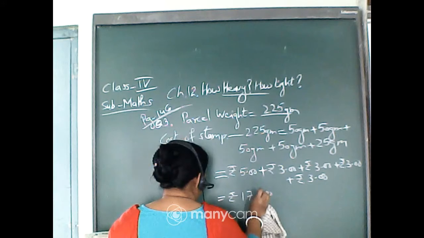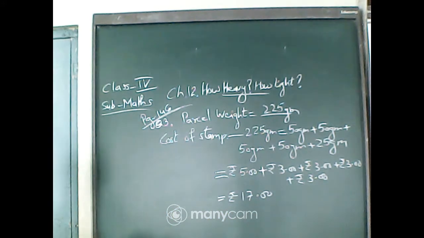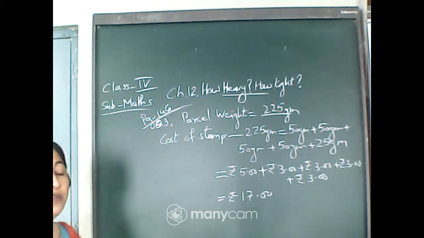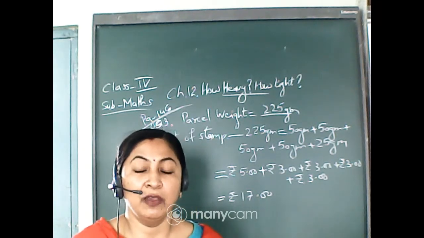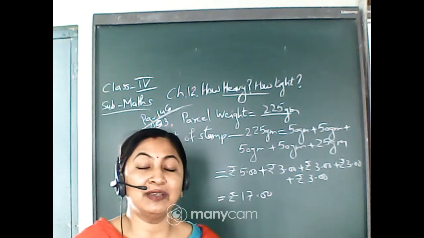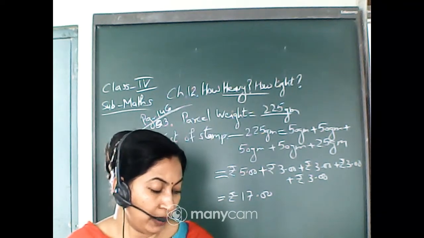Cost of stamp rupees 17. So this way, first of all, you will break the parcel or the letter what is given. After that, you will charge the stamps on that. Clear? So I think this question is clear to you. Now come to the next topic.